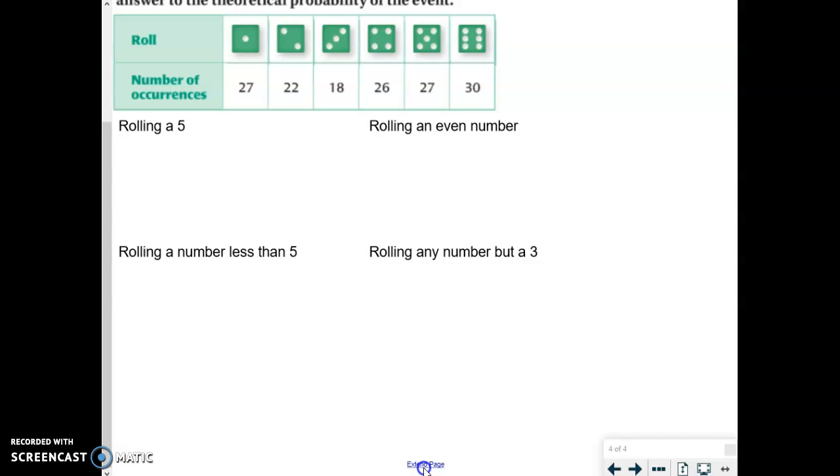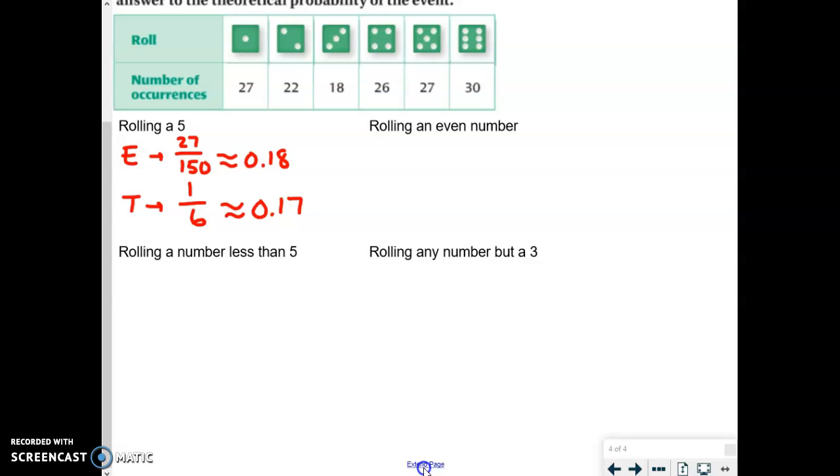the experimental probability in this case would be 27 over 150, which if you divide that out is about 0.18. The theoretical probability of rolling a 5 here would be 1 out of 6, which is about 0.17. So notice here that in this case, the theoretical and the experimental probability are about the same.